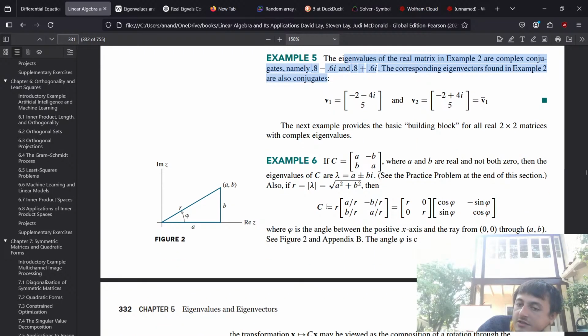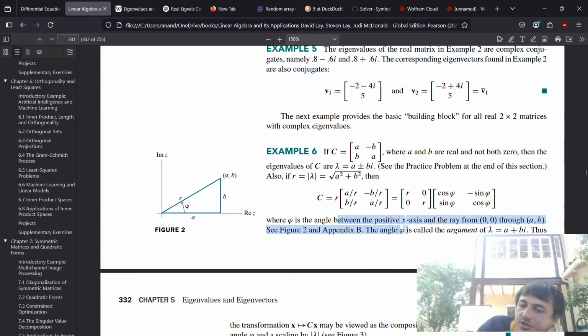So then theta is the angle between the positive x-axis and the ray from 0, 0 through A, B.